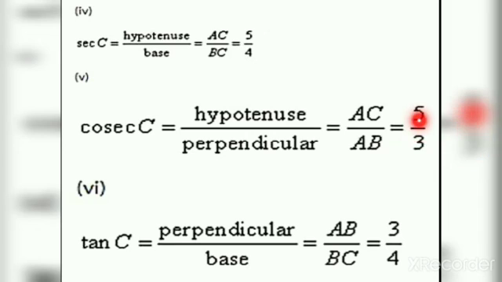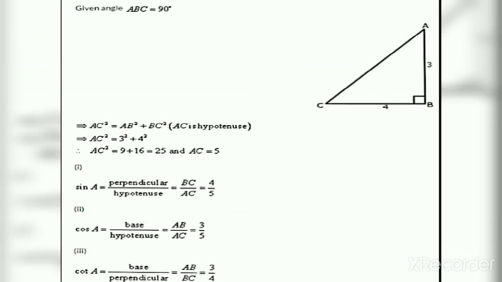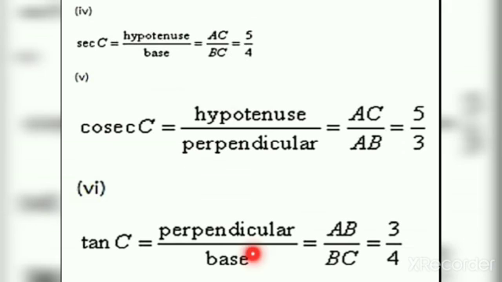So 5 divided by 3 will be cosecant C. And tan C is perpendicular divided by base. The perpendicular for angle C is AB, which is 3, and the base is BC, which is 4.